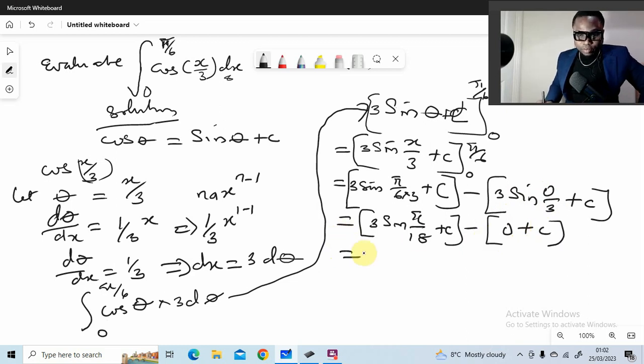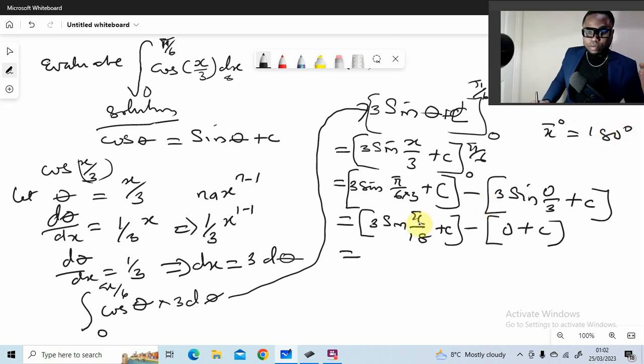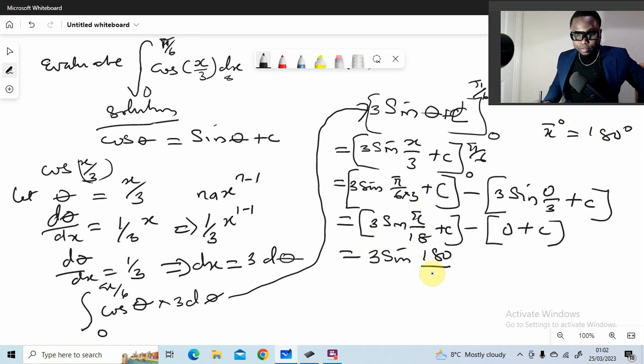Okay, this is equal to, remember I said that pi radian is equal to 180 degrees. So when I replace pi with 180 degrees, that will give me 3 sine of 180 divided by 18 plus c. So I'm going to expand the bracket with the minus sign. That will give me minus 0, and minus times plus is minus c.